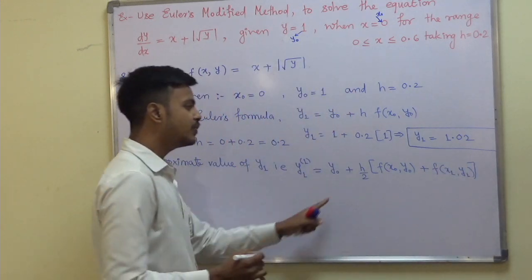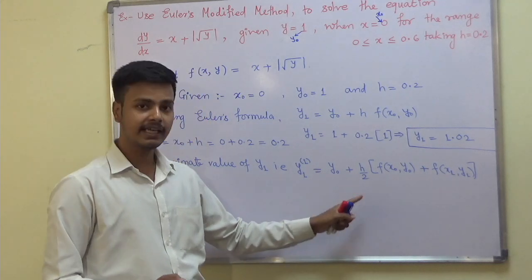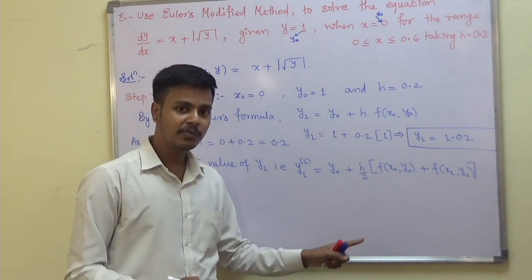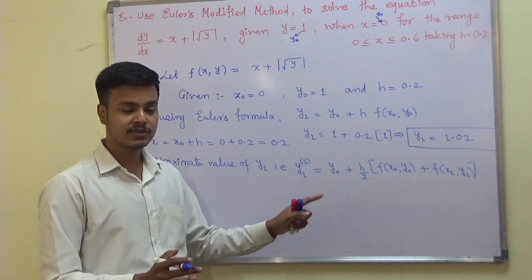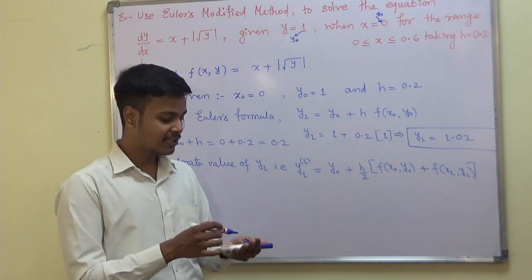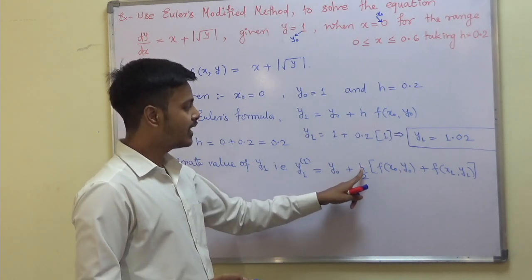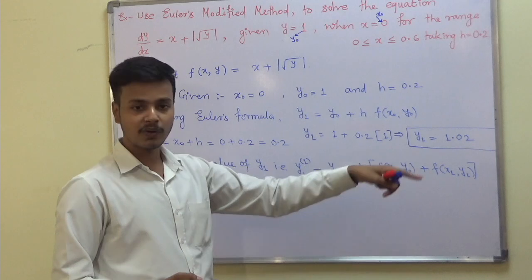Okay, whenever you are writing the formula, think twice about the formula, look at it again whether it is correct or not, because all these are based on the formula. So if you write the incorrect formula, your calculations may be wrong. Okay, so now substitute y0, h by 2 and all those values.